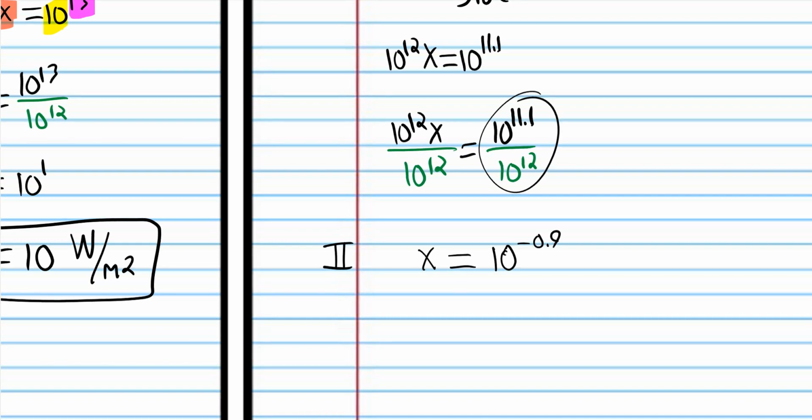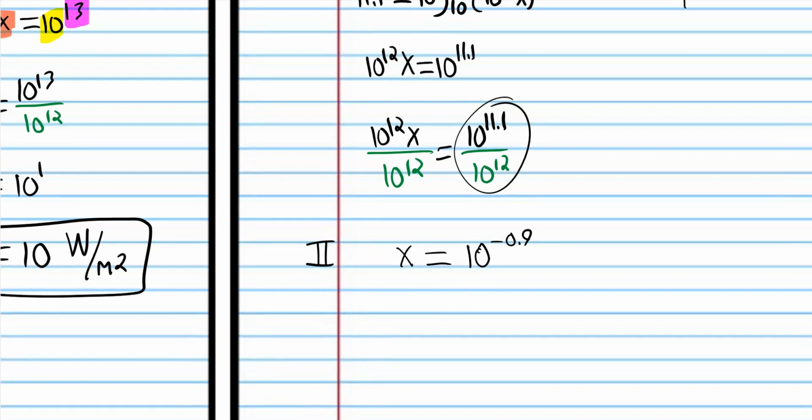And this number is manageable if we use our calculators. Some of these numbers are really, really small or really, really big. But let's see what happens when we put this into our calculator.